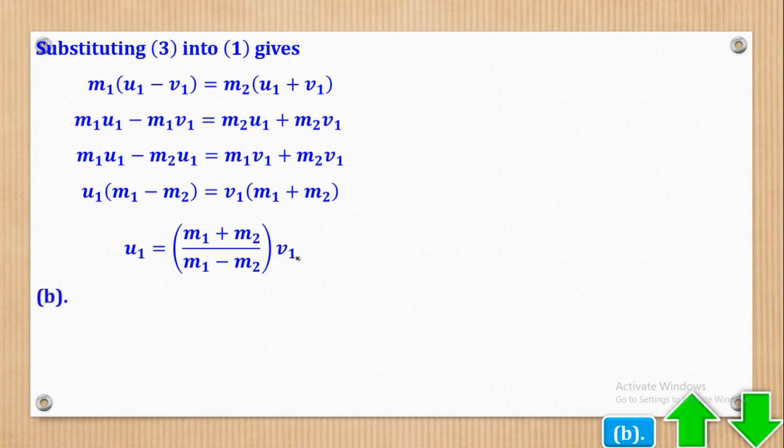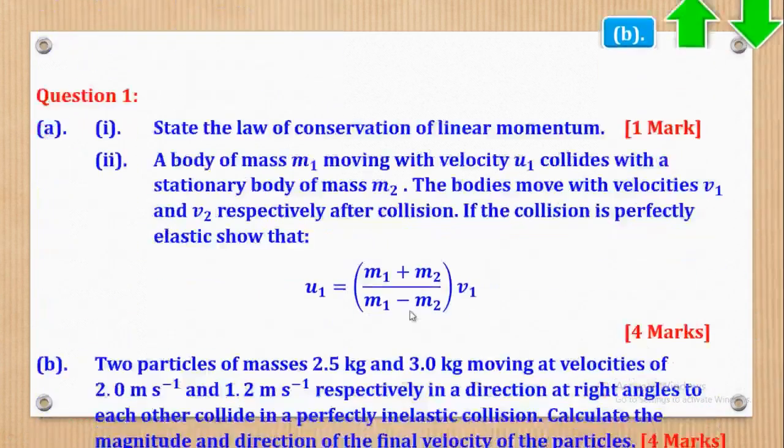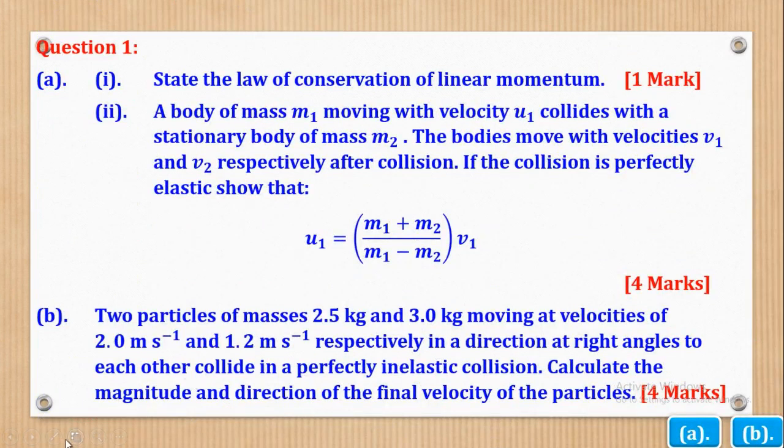Now we shall go to part B. Part B says, two particles of mass 2.5 kilograms and 3.0 kilograms moving at velocities of 2.0 meters per second and 1.2 meters per second respectively in directions at right angles, know this word, right angles, to each other, collide in a perfectly inelastic collision.